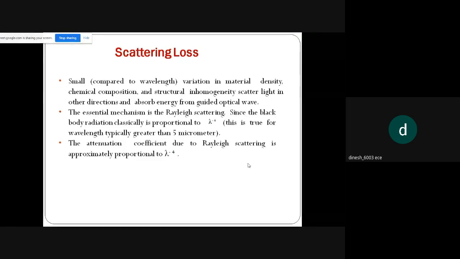The Rayleigh scattering law is 1 by lambda power 4, that is 1 divided by lambda power 4, or lambda power minus 4. Both are the same.